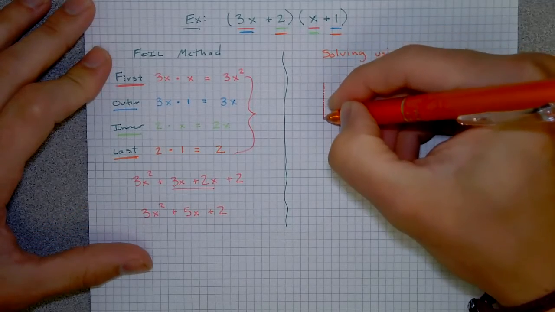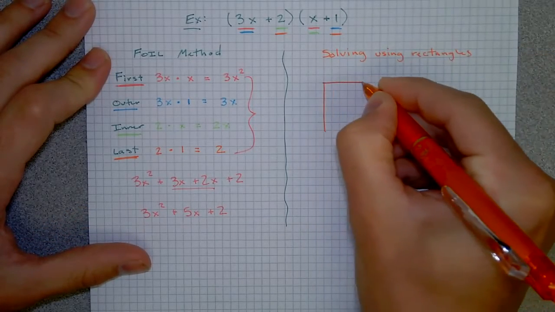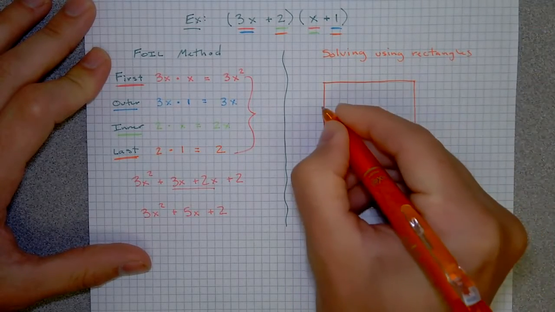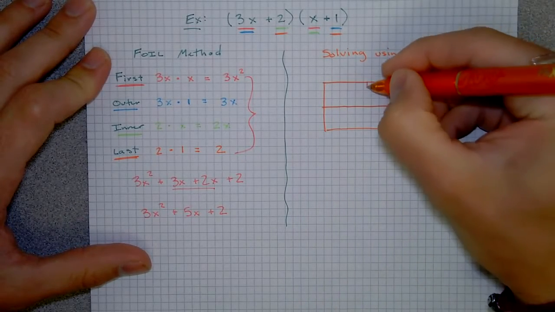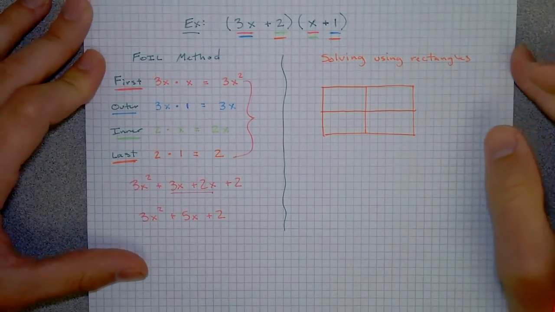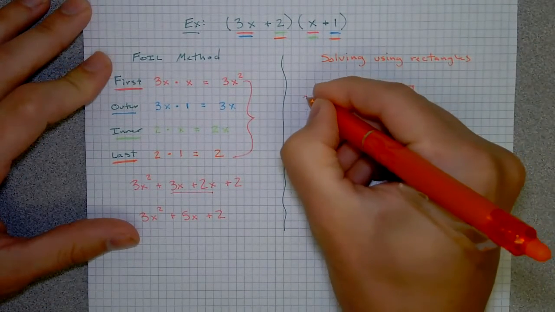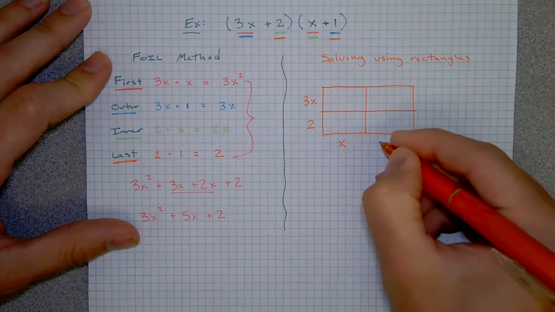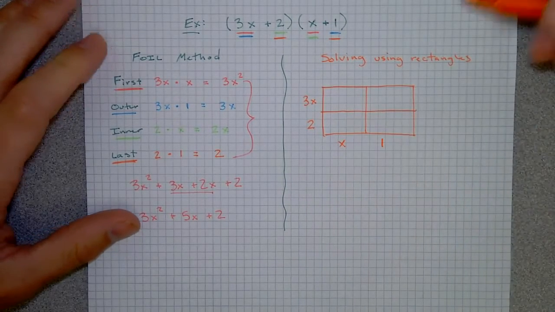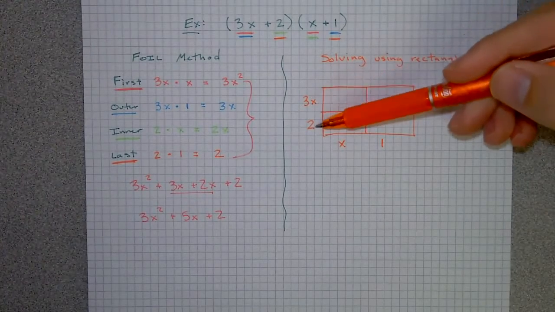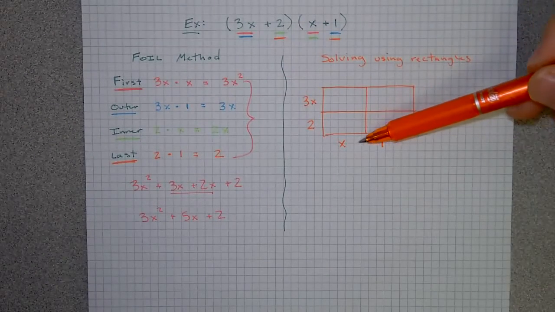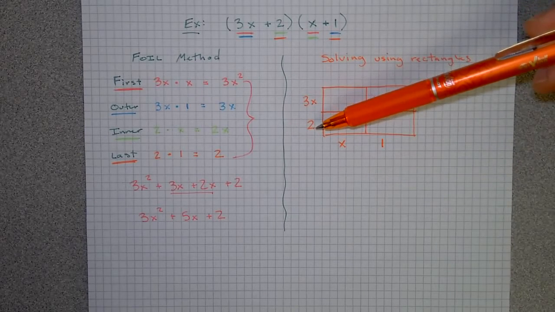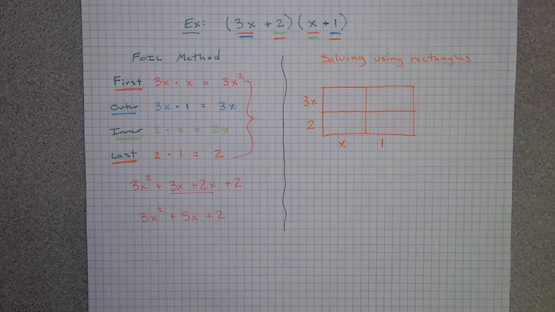So in this case, we're going to make a 2 by 2 rectangle. Like this. And we're going to write the values on the outside. So rows can be the first 2. Okay, second 2 can be the columns. So we have 3x and a 2 on the outside, x and a 1 on the bottom.